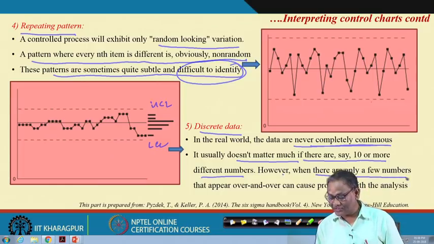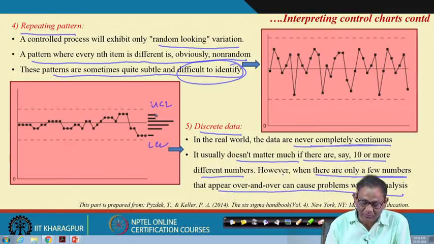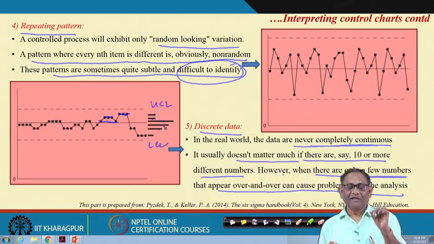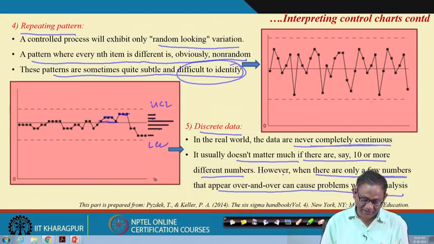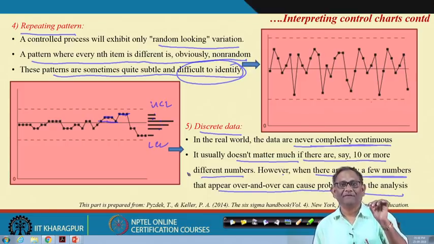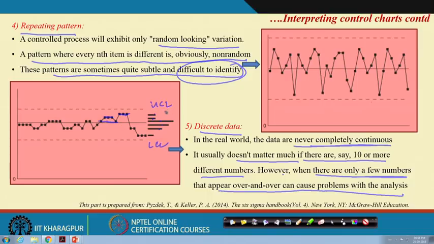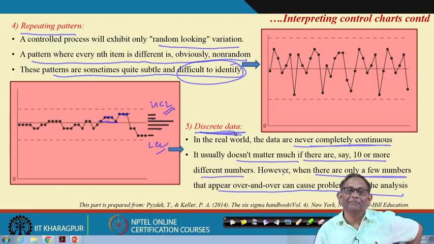However, when there are only a few numbers that appear over and over, then the problem will occur, because here 1, 2, 3, 4, 5, you see 5 different values, this is one type of value, another value, this is another value. So the variable you consider takes only 5 values, and then you will get this kind of plot, and when you develop the UCL and LCL, you will find it is within control, but actually not, because this is a discrete data problem.